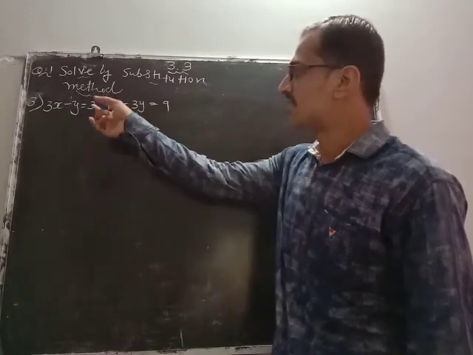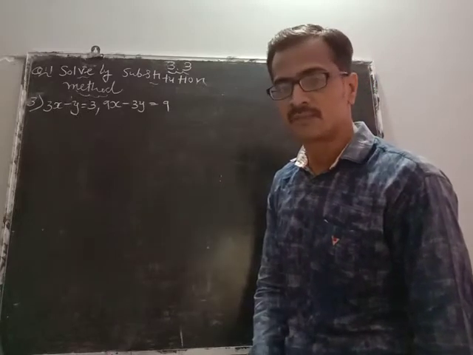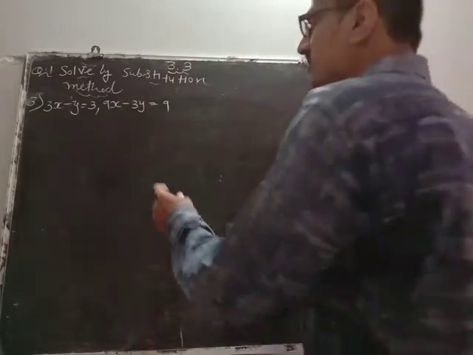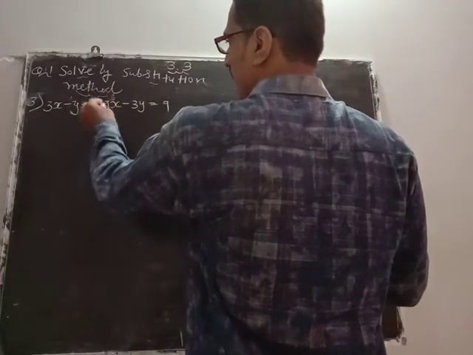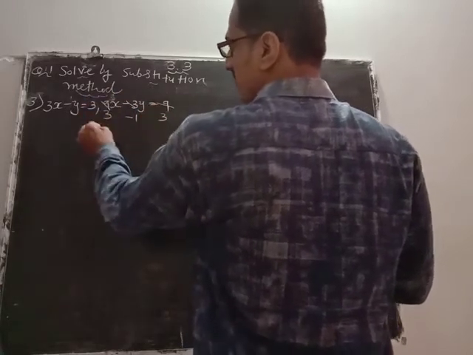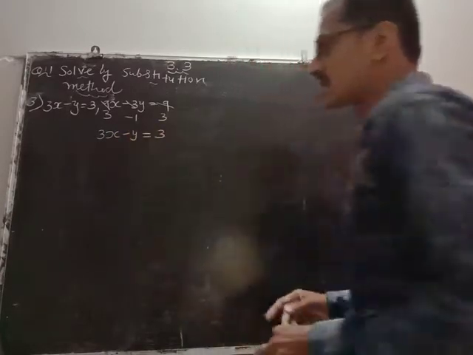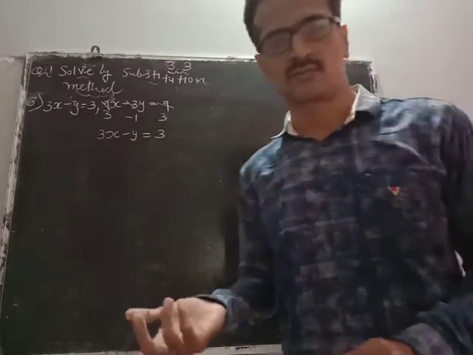Check it out. 9, 3, 9. These all three numbers are divisible by 3. So we'll divide by 3. 3 3s are 3, minus 1s are, and 3 3s are. So we'll have 3x minus y equals 3. But check it out, the same equation we are getting.